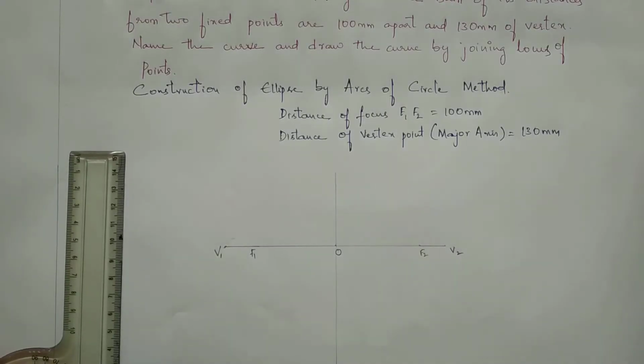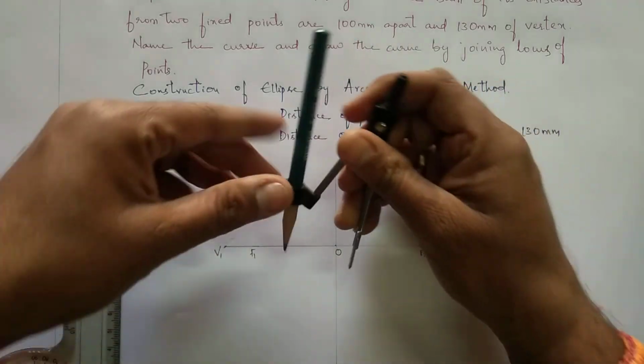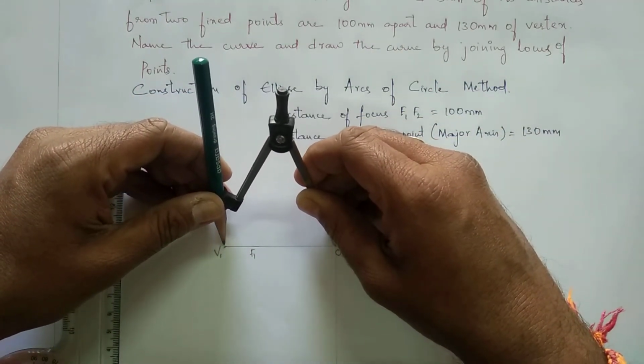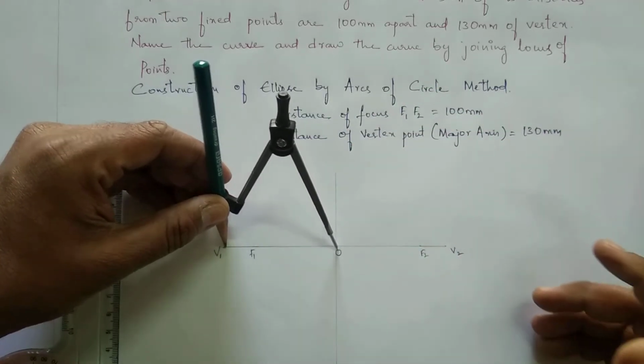Now, using the compass, measure from the point O to V1. This is the length that we got.